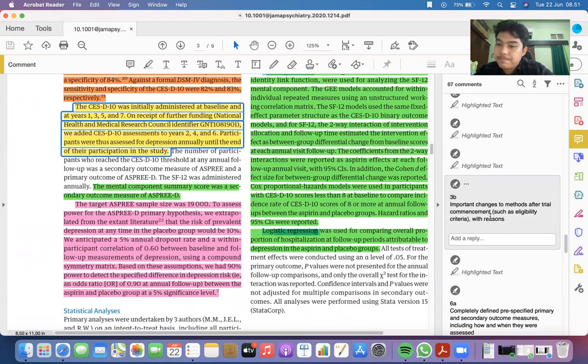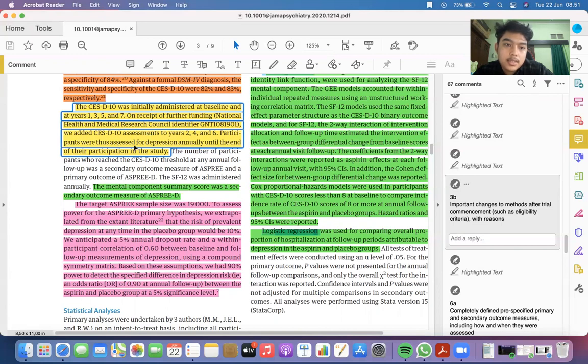And point 3b, important changes to methods after trial commencement with reasons. The CES-D10 was initially administered at baseline and at years 1, 3, 5, and 7. On receipt of further funding, National Health and Medical Research Council identifier GNT1081901, CES-D10 assessment was added at years 2, 4, and 6.